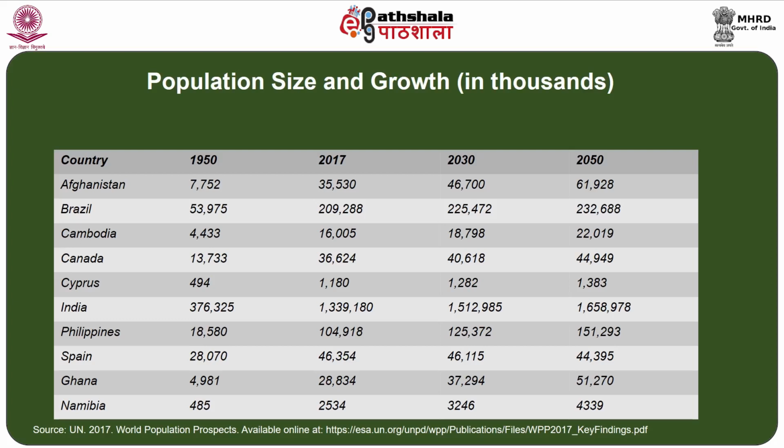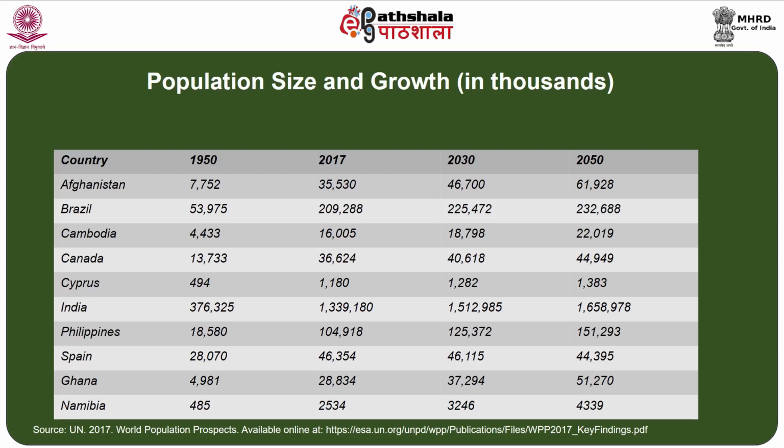In 2017, for instance, the population size of Namibia was 2534 thousand, while it was 104918 for the Philippines, 28834 for Ghana, 209288 for Brazil and 1339180 in thousands for India.